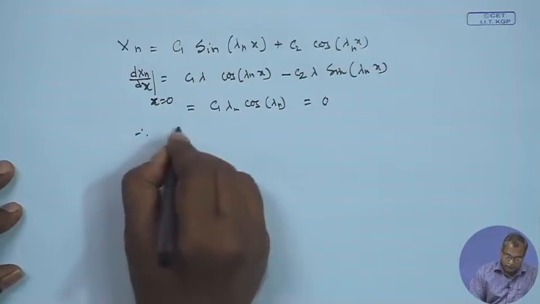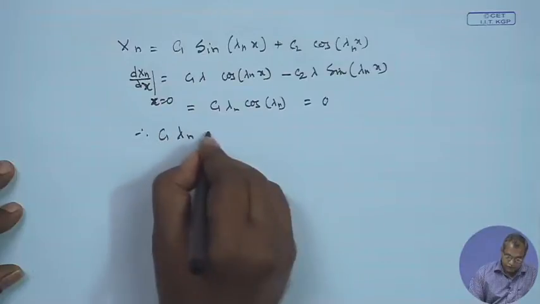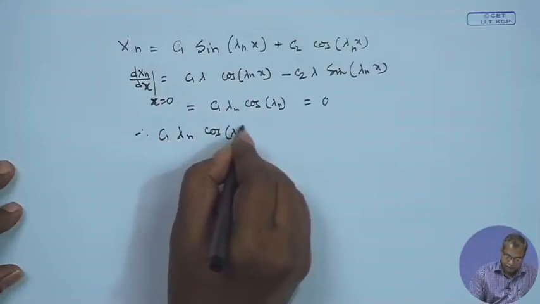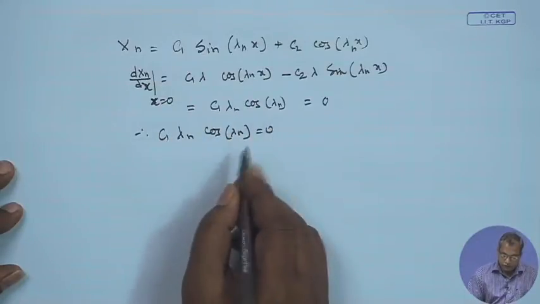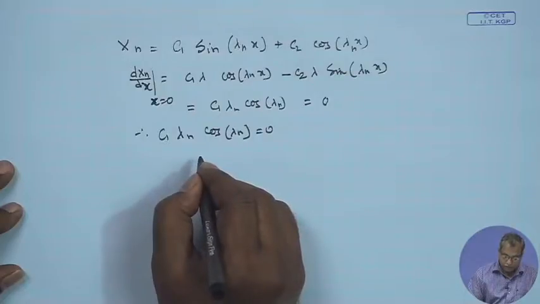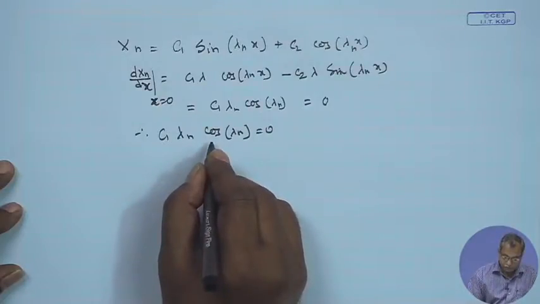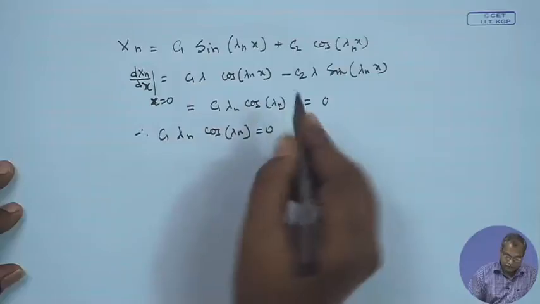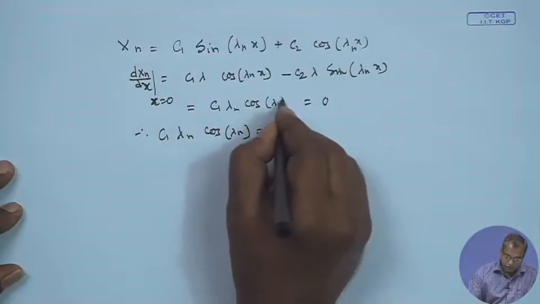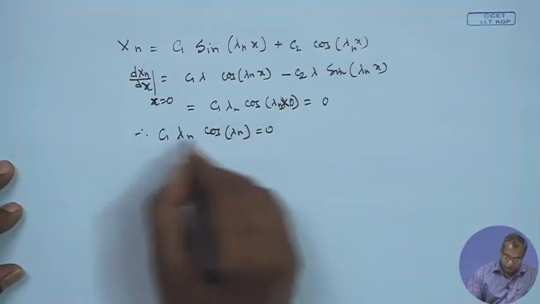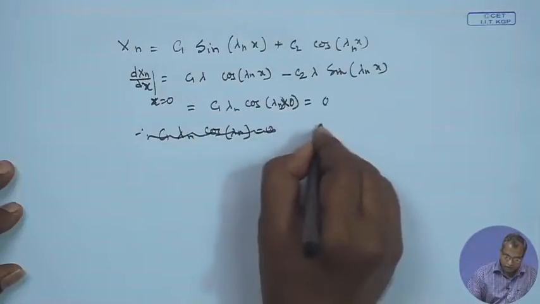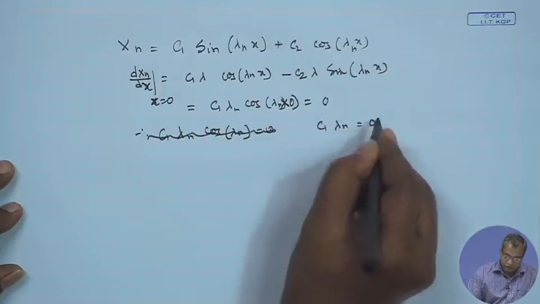Therefore C1 lambda n cos lambda n will be equal to 0. Cos 0 is 1, so we will be having C1 lambda n equal to 0.